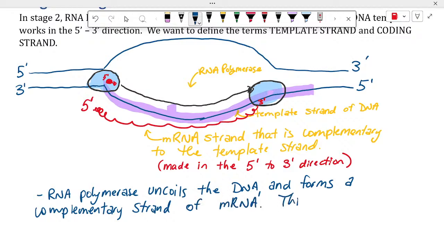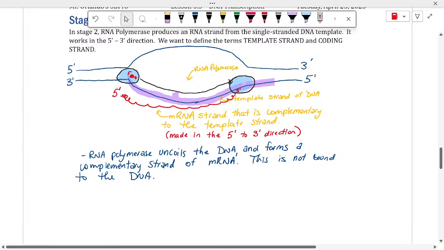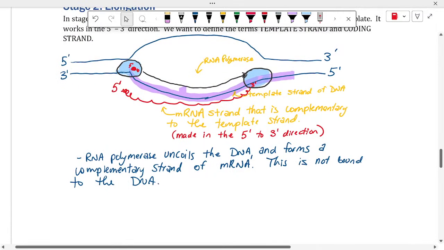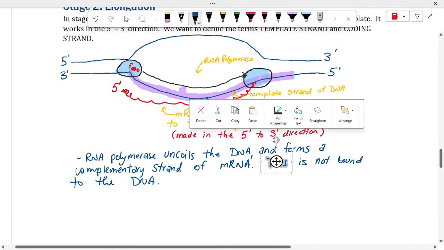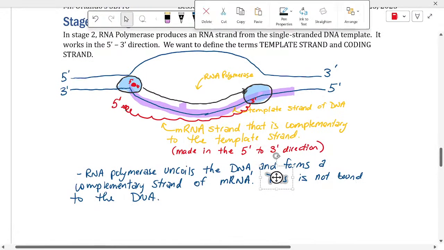This is not attached, it's not bound to the DNA at all. So it's fundamentally different from DNA polymerase, because in DNA polymerase, as it's adding new base pairs, those are bound to the DNA, right? But the mRNA simply sits free.